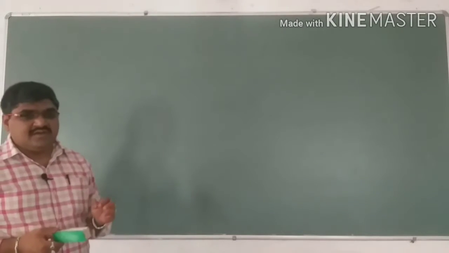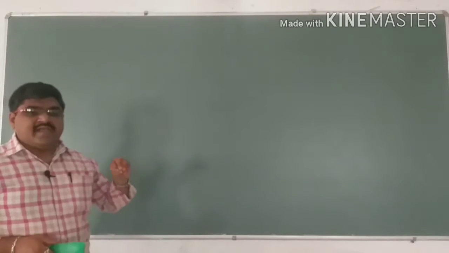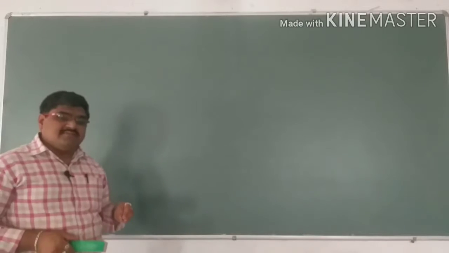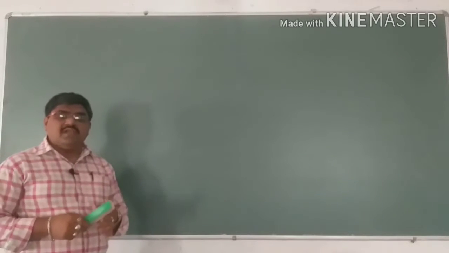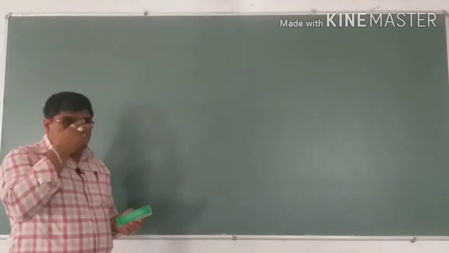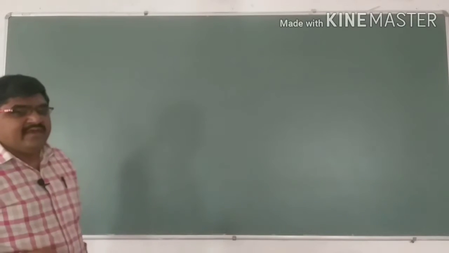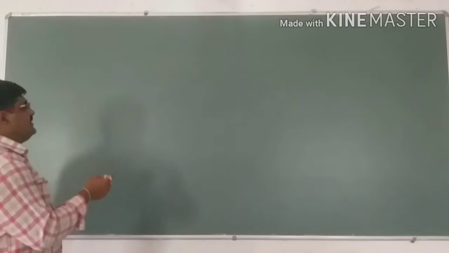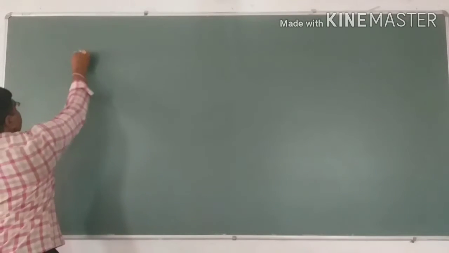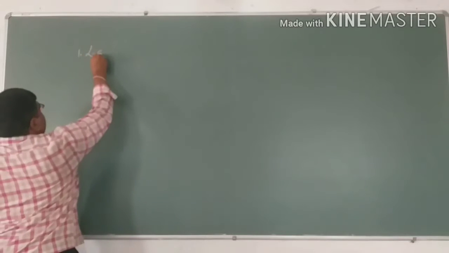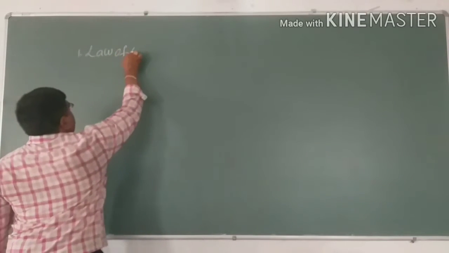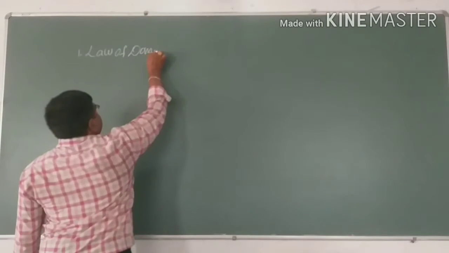Already we have discussed that the male is responsible for producing either a male or a female organism. Now going to the next topic, Mendelian characters, starting with the law of dominance. Mendel gave three laws. One is the law of dominance.